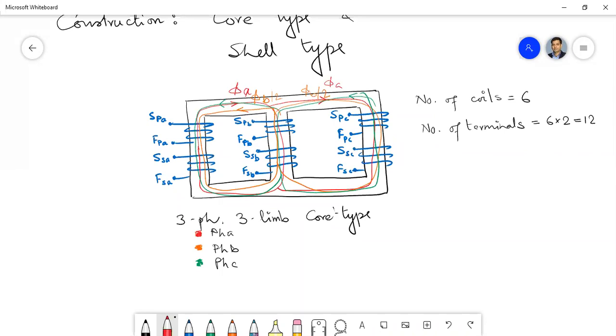And one question I want to ask you. When we excite phase A or phase B or phase C, we need some magnetizing current, because magnetizing current generates the flux. So magnetizing current is required to generate the flux inside the core.